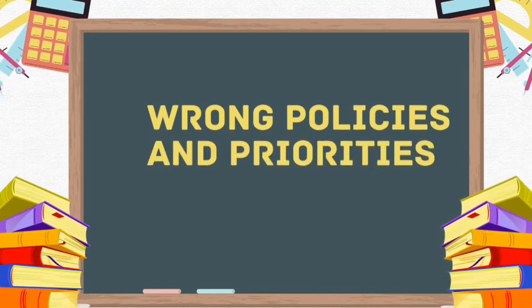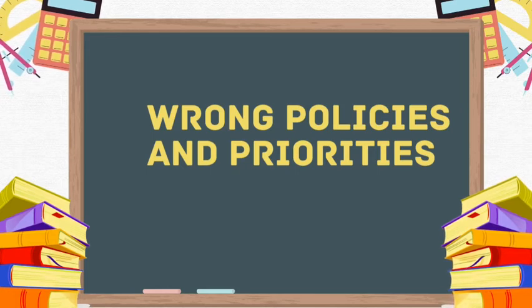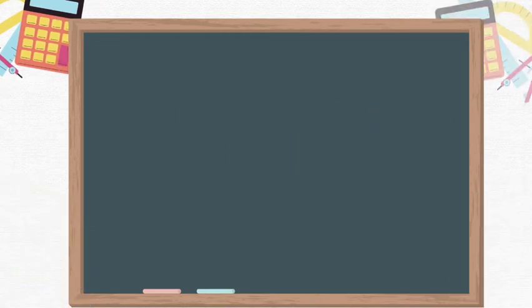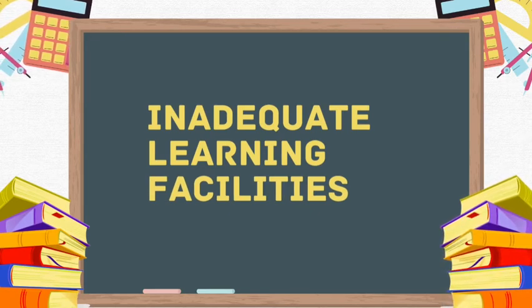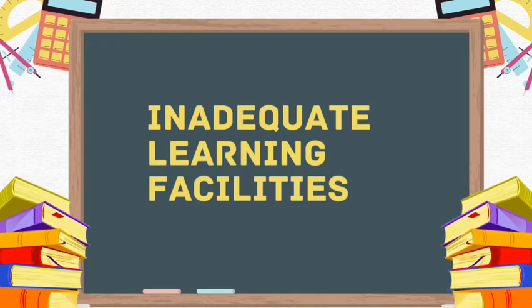We also have wrong policies and priorities on the part of government and parents. The policies of government are not education friendly, and some parents place more priorities on other things than the education of their children. Yes, we also have inadequate learning facilities.